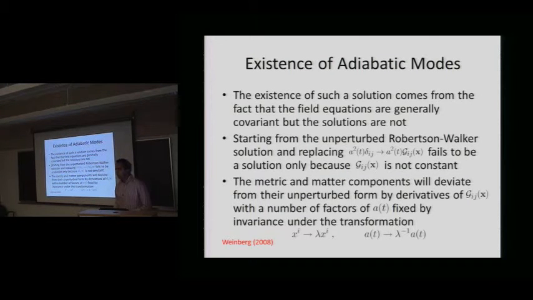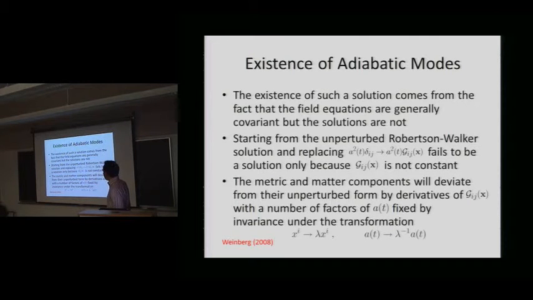This is very similar to a soft pion type argument for the existence of pseudo Goldstone modes. So the basic idea is that the field equations that govern the metric and matter fluctuations are generally covariant, but the solutions to those equations are not.